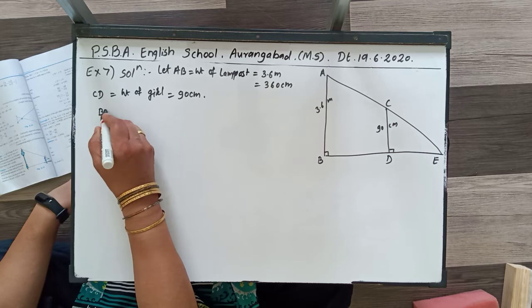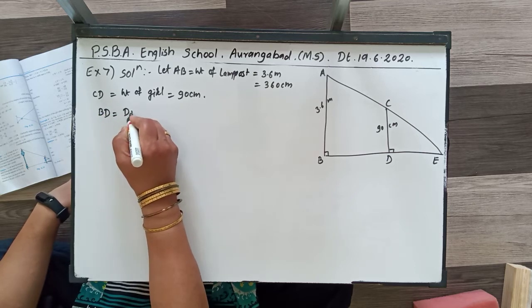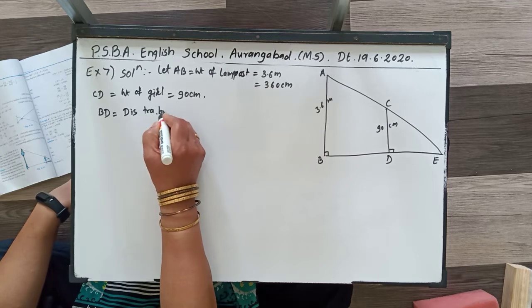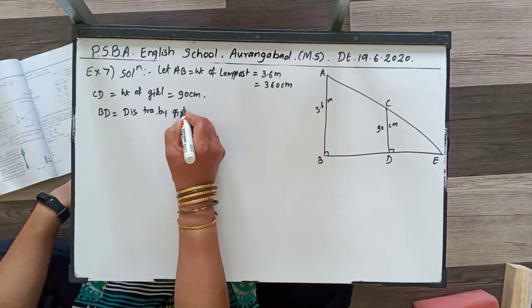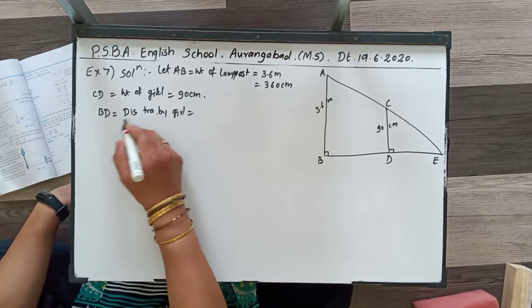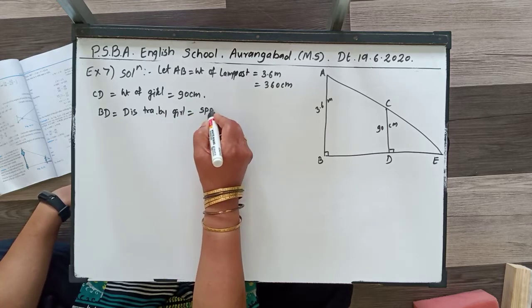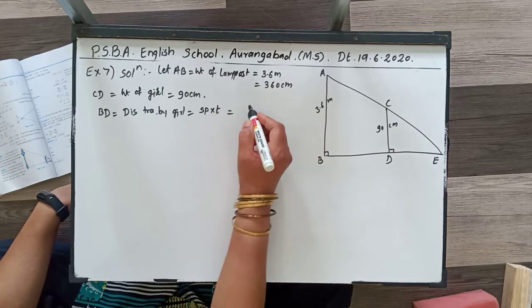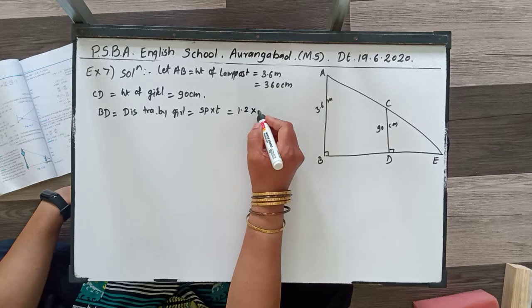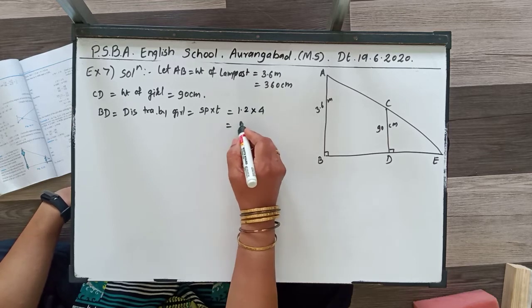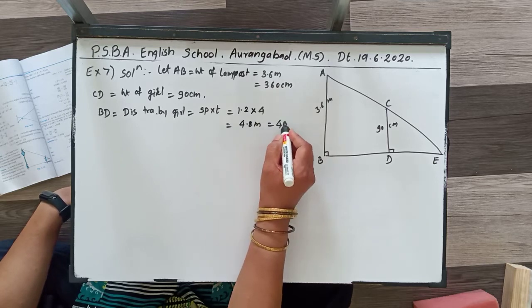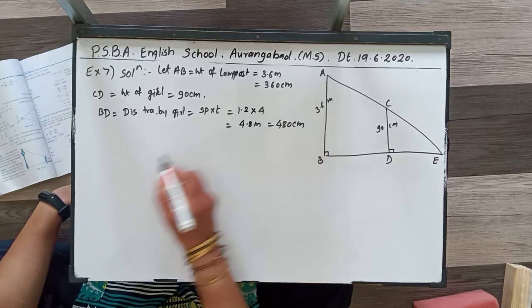BD is equal to the distance travelled by the girl. Distance is equal to speed into time. That is equal to, what is the speed? 1.2 meter per second into 4. That is equal to 4.8 meter is equal to 480 centimeter.